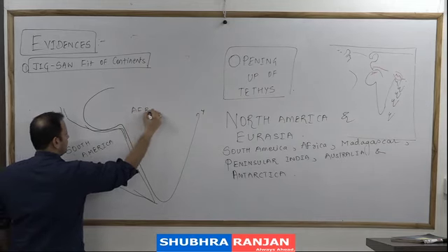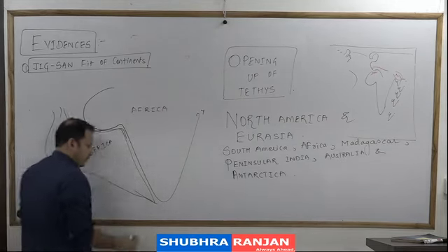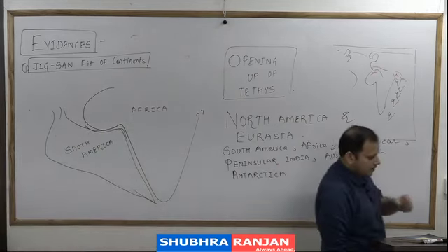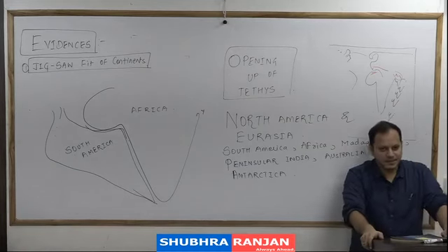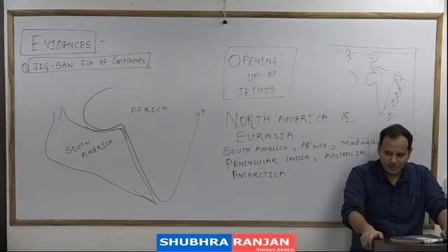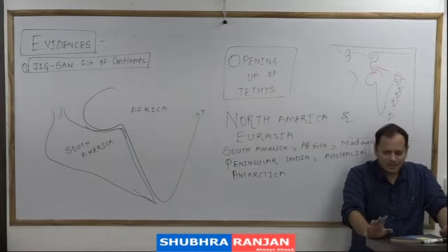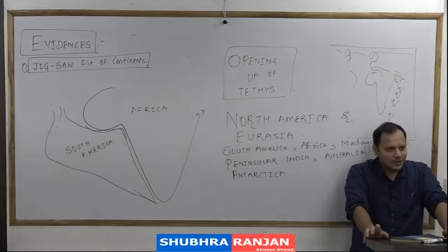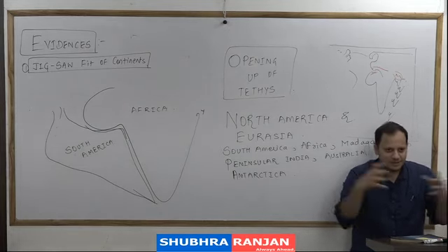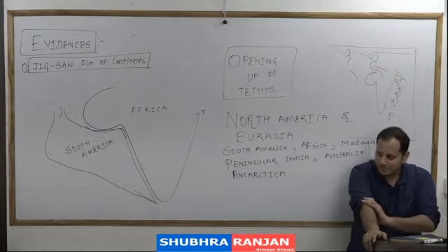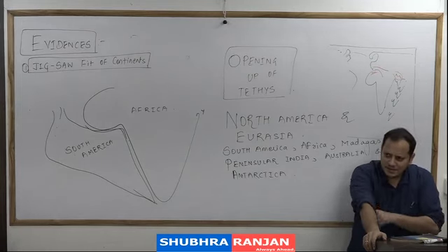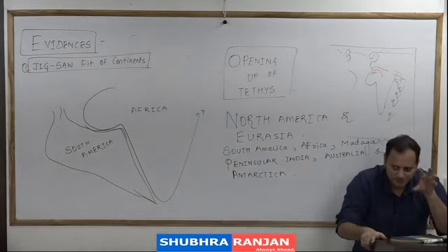Not just South America and Africa, the whole coast of the Atlantic Ocean exactly fits into each other. But we can write even in general studies that this is the jigsaw fit of the continents.